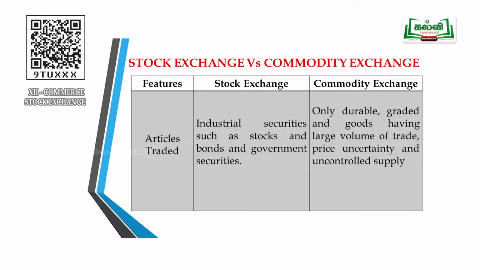And what are the articles traded? In the stock exchange, industrial securities such as stock, bond and government security. But in the commodity exchange, only durable products and graded goods having a large volume of trade, price uncertainty and uncontrolled supplies are traded.